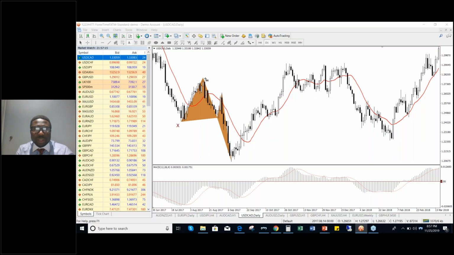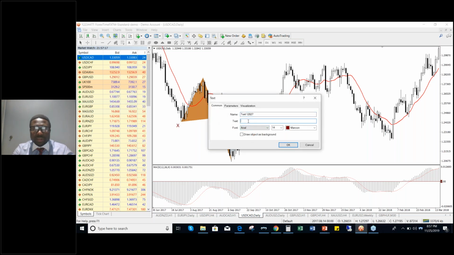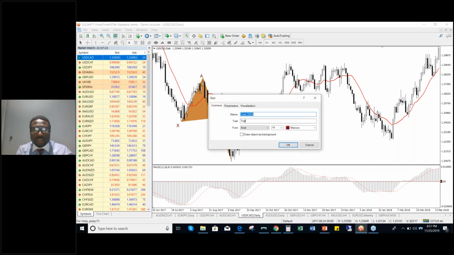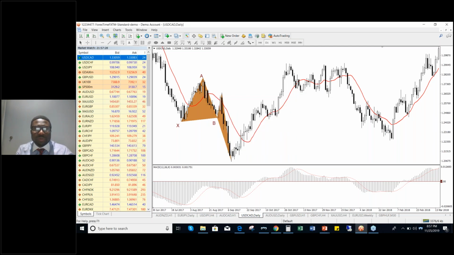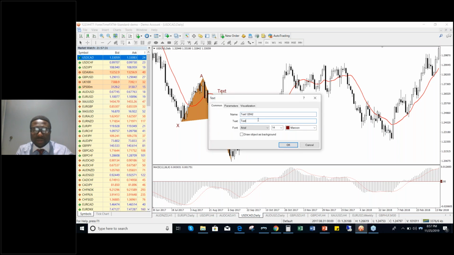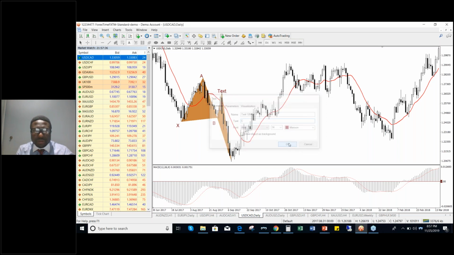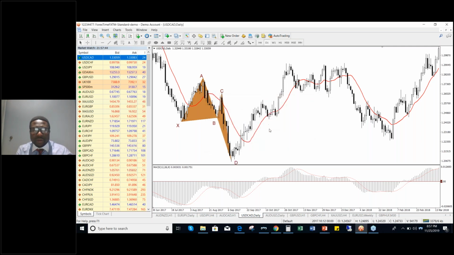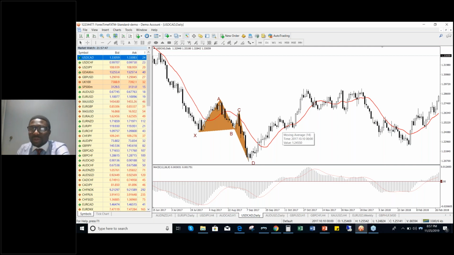And this will be our point A. And this will be our point B. This will be our point C. And lastly, we have our point D. Okay, so we'll start our measurements. Let's see if we get a divergence.